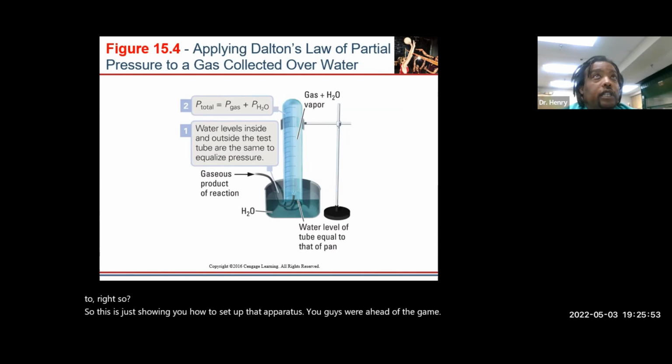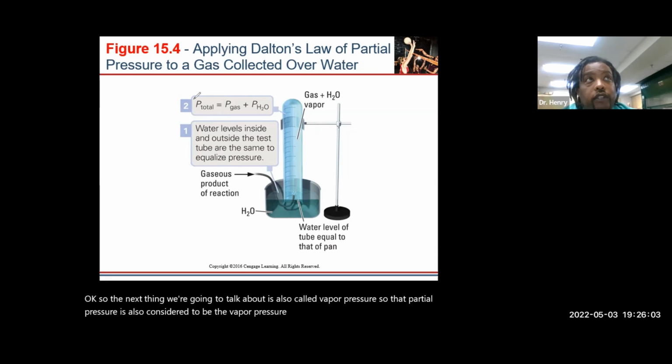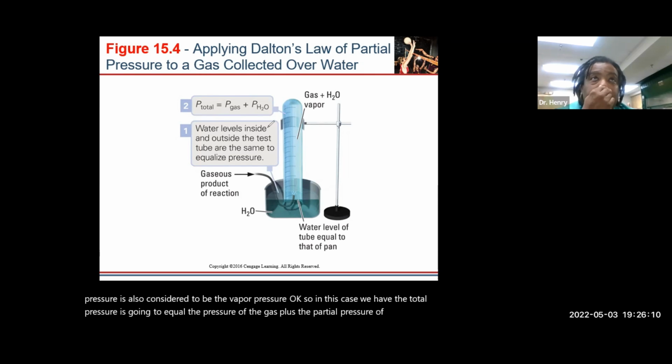Okay, so the next thing that we're going to talk about is also called vapor pressure. So that partial pressure is also considered to be the vapor pressure. In this case, the total pressure is going to equal the pressure of the gas plus the partial pressure of water, or the vapor pressure of water.